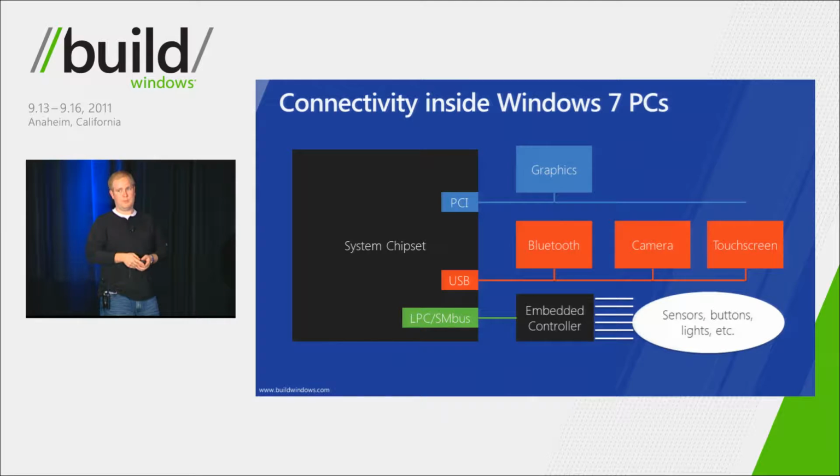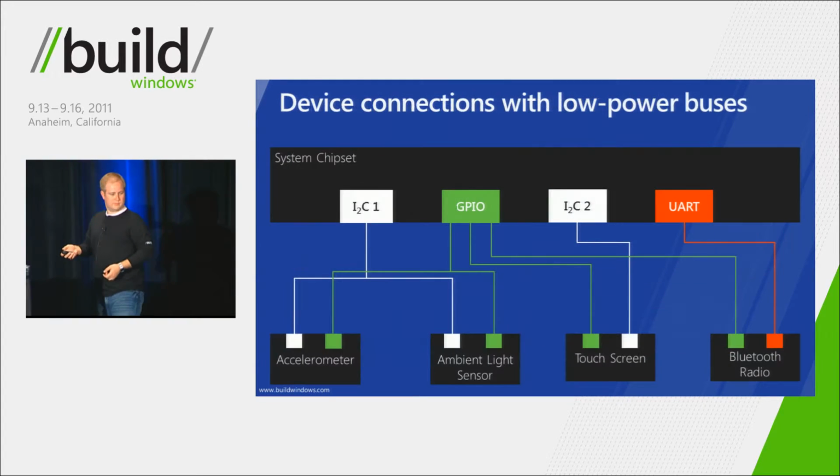But if we want to use low-powered buses and get the advantages there, hello? I think we have a clicker. There we go. So looking at the inside of a Windows 8 system with low-power buses, instead of looking like a tree, we look a little bit more like a spider web.